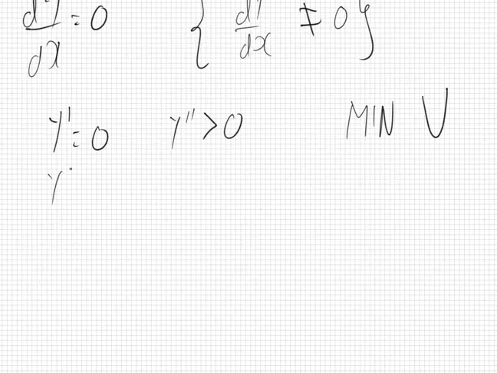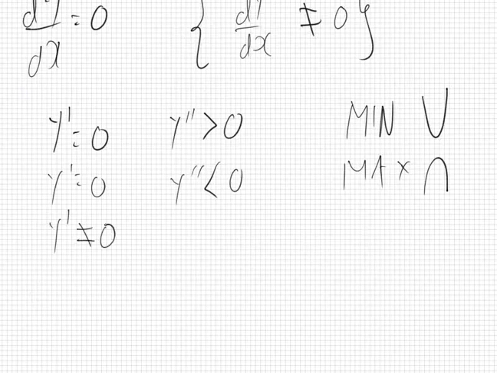If the first derivative is 0 and the second one is negative, it's a max because it goes this shape. If the first derivative is not 0 and the second derivative is 0, then it's transitioning from being concave to convex or vice versa. So it could be going like this, or the other way around too.